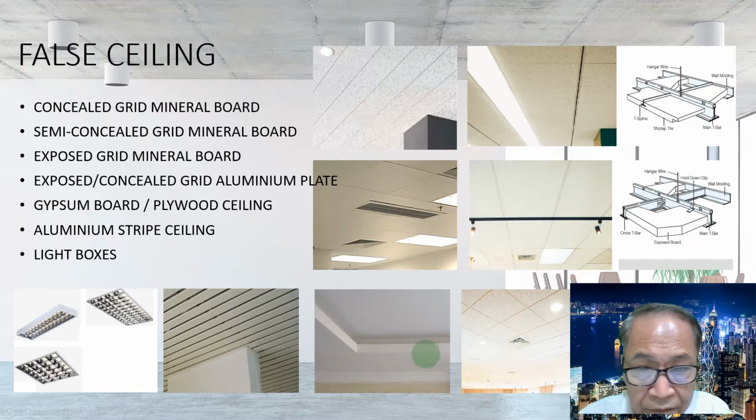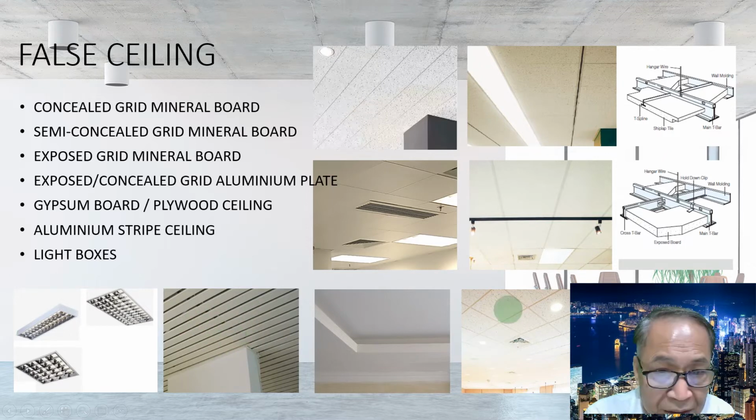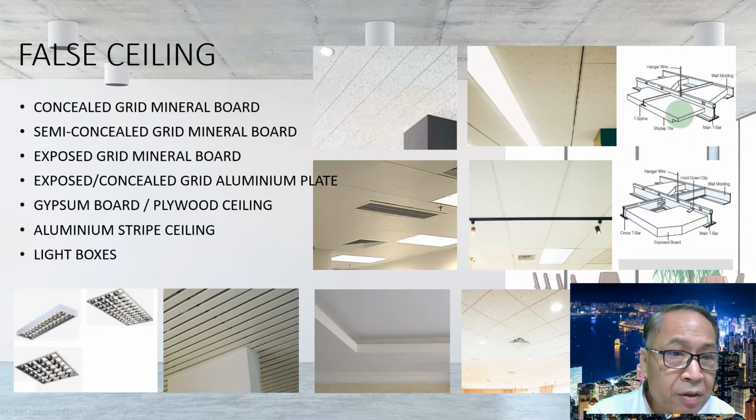It's flat looking. You see, this is gypsum board ceiling. The metal aluminium strip ceiling. Now it's mostly usually in lavatory or kitchen. It's fireproof. This is a 2 by 2 feet exposed grid ceiling, but the panel is drop down. We call it drop down kind of panel.